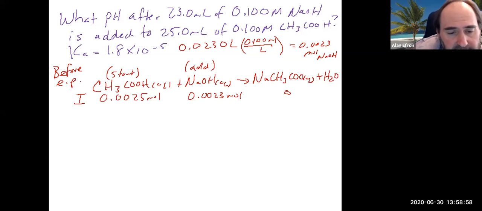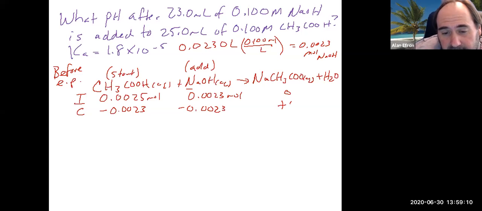Because we are before the equivalence point, the change is going to be the sodium hydroxide in this case. So we're going to go minus 0.0023, and plus 0.0023.